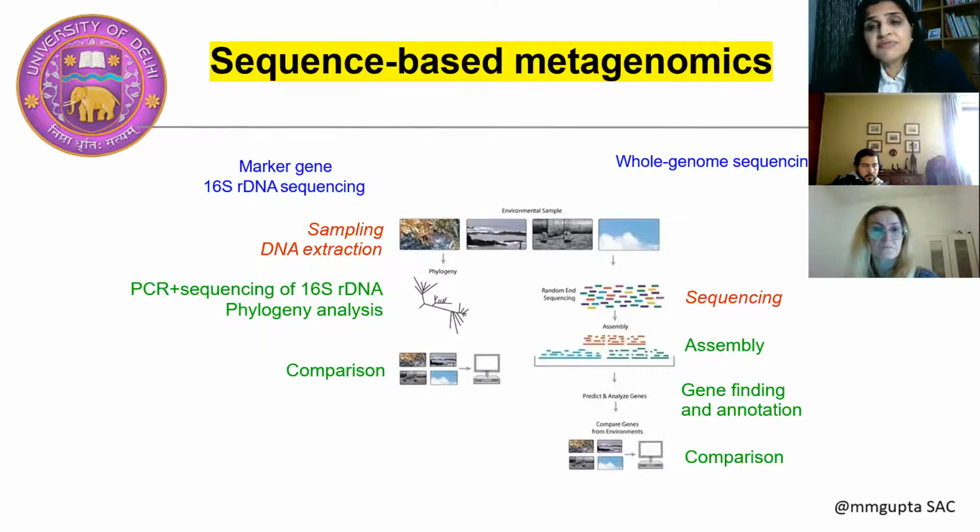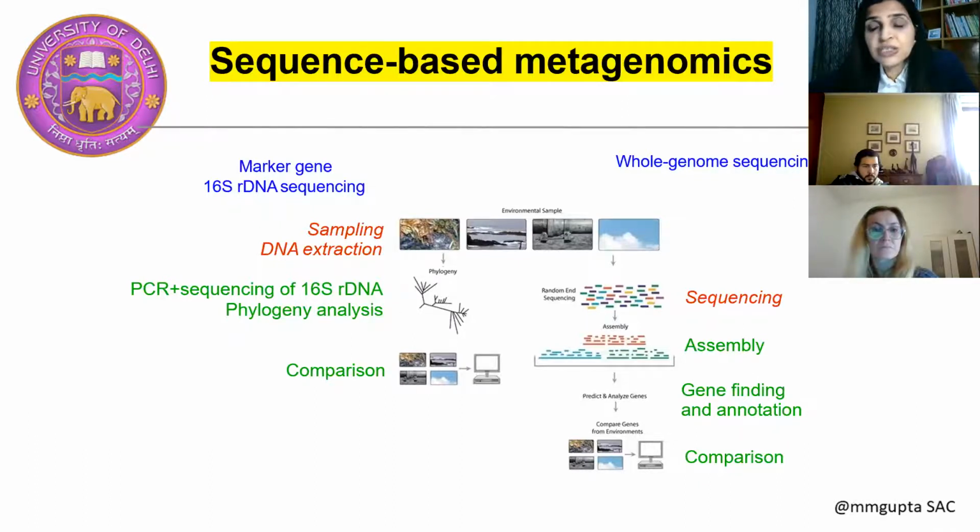The method is a bit different in whole genome sequencing, where we do not go for a particular marker gene, rather we sequence the complete genome, and then we assemble this, we try to predict where the genes are, and we analyze these genes, and then we compare.